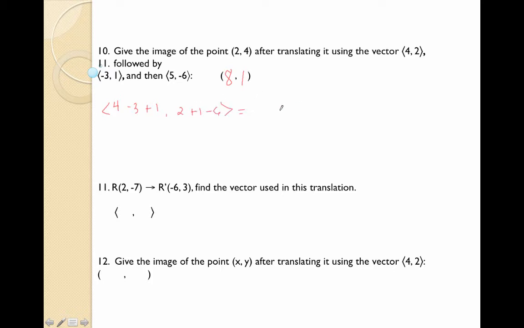So that's the total translation vector there. So 2, right? 1, 2, yeah. That should be a 5. 2 plus 1 minus 6.